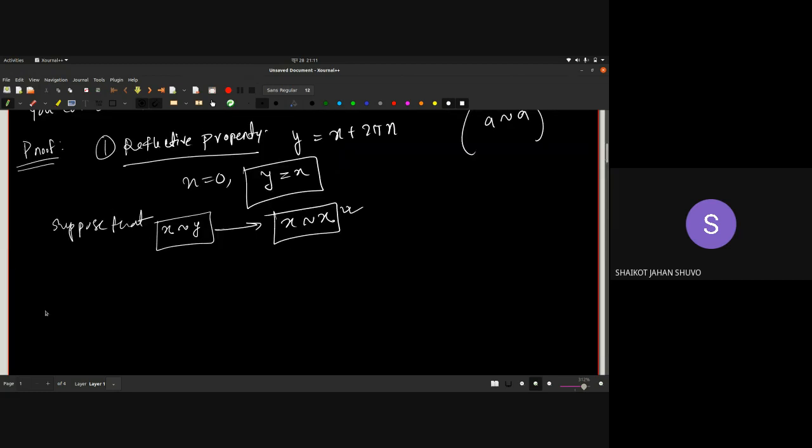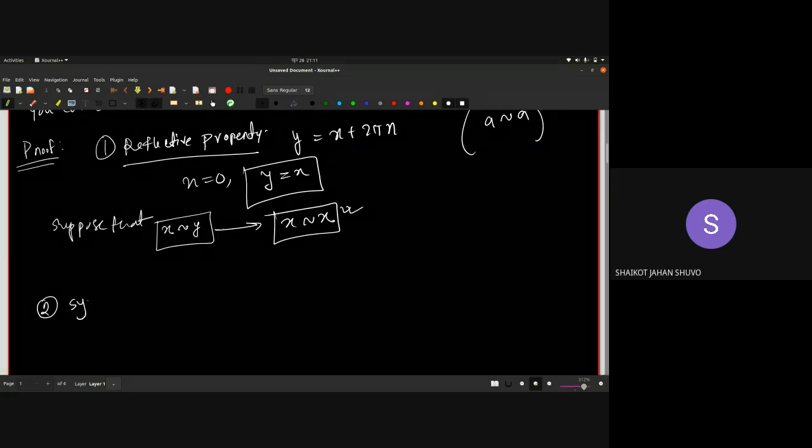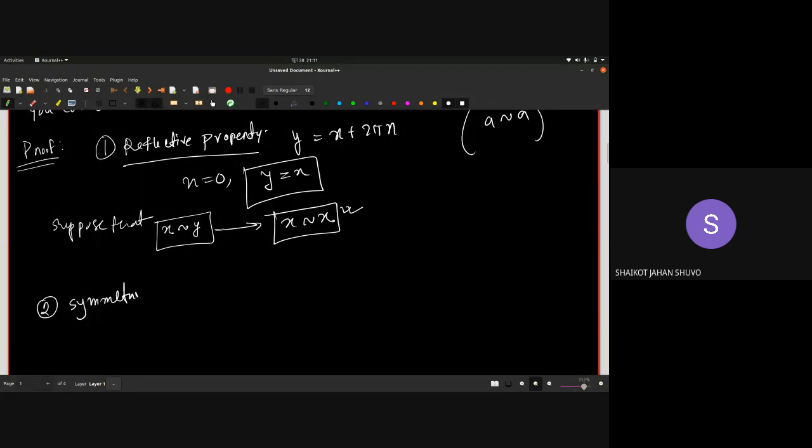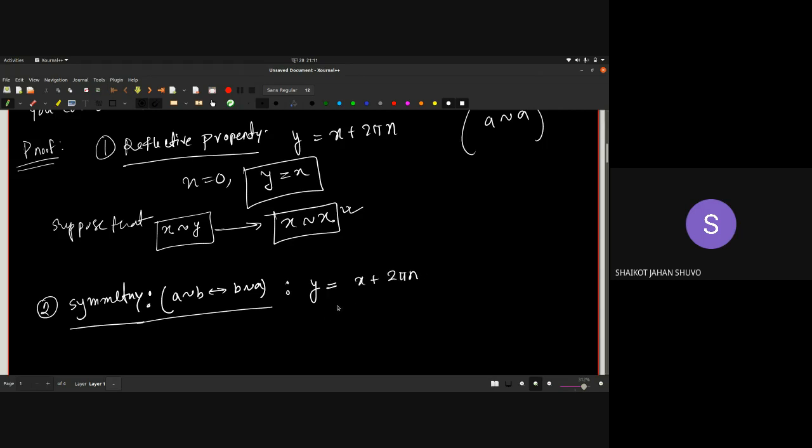The second property is the symmetric property. Symmetry. If you don't remember, this is just if A is equivalent to B, then B is equivalent to A. Okay, so again, let's try to use the relation that we have at hand right now. This is x plus 2 pi n.